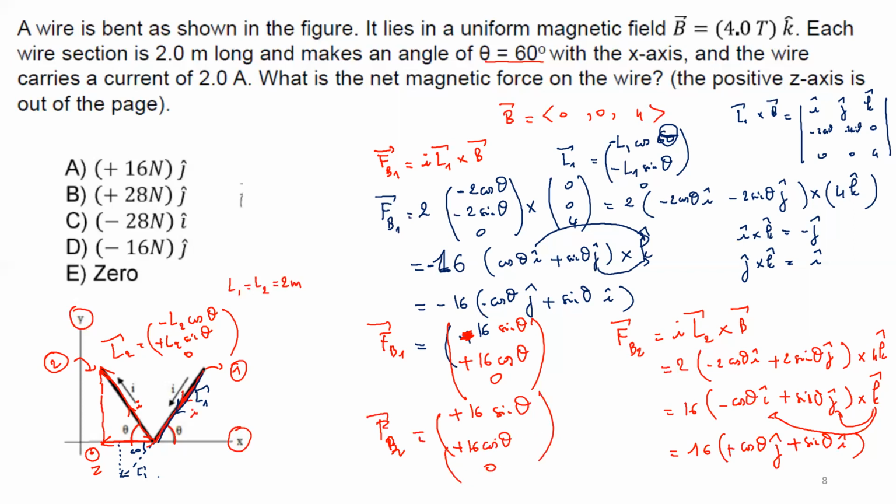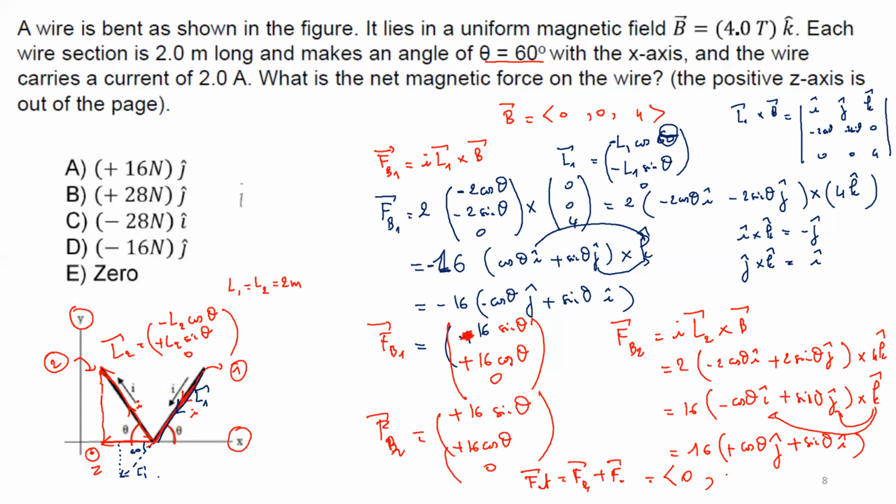Now, let me add them. The net force is just FB1 plus FB2. And you see, along x, they will cancel. I will have minus 16 sine theta plus 16 sine theta, so this will give me 0 along x.